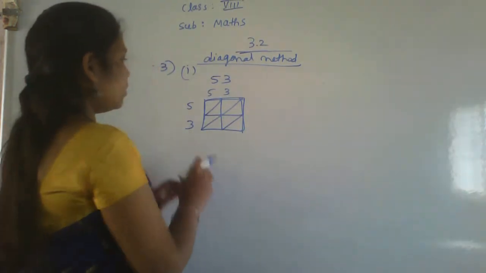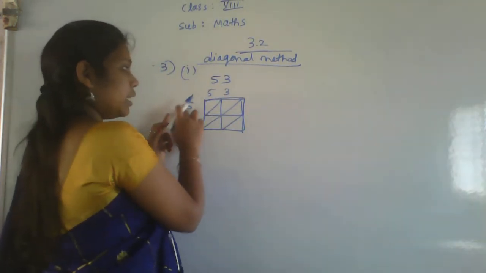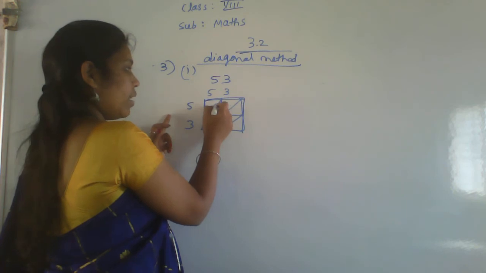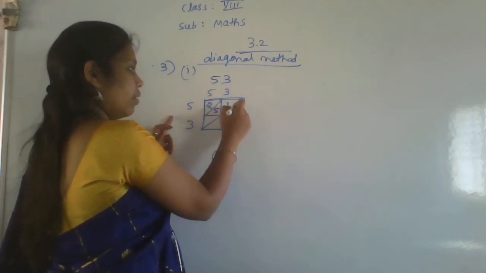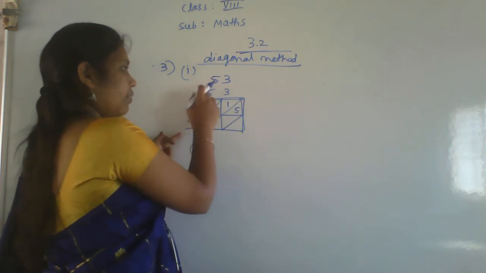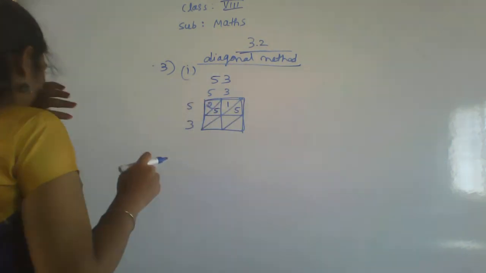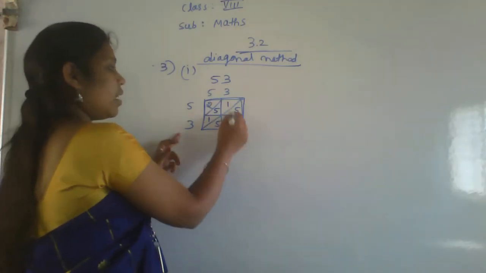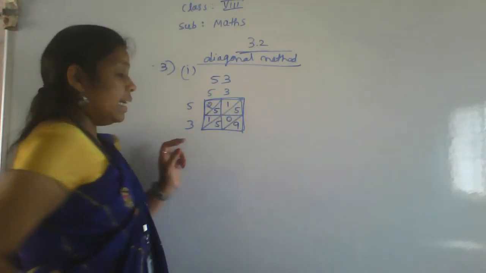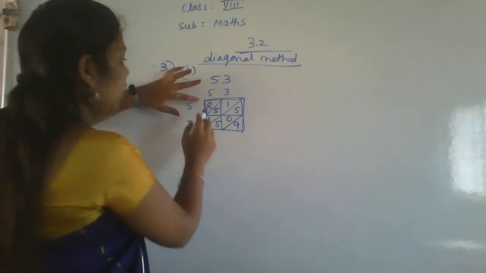Okay. See here, 5 5s are 25. So write here 5 and here 2. Next, 5 3s are 15, 1 here, 5 here. 3 5s are 15. 3 3s are 9. If it is a two-digit number, then write both digits here.